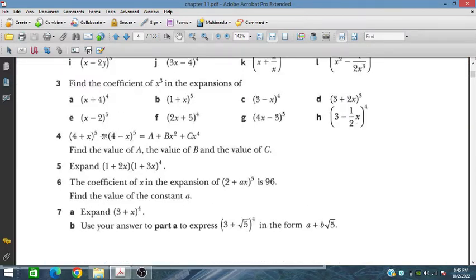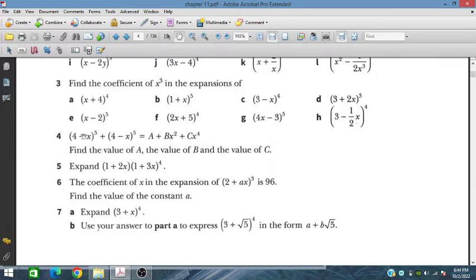For problem number 4, we have to find the value of a, b, and c. These a, b, and c are the coefficients of x power 0, x power 2, and x power 4. So find the value of a, b, and c of this polynomial. Whenever we expand it, we will get some kind of results to get these values.